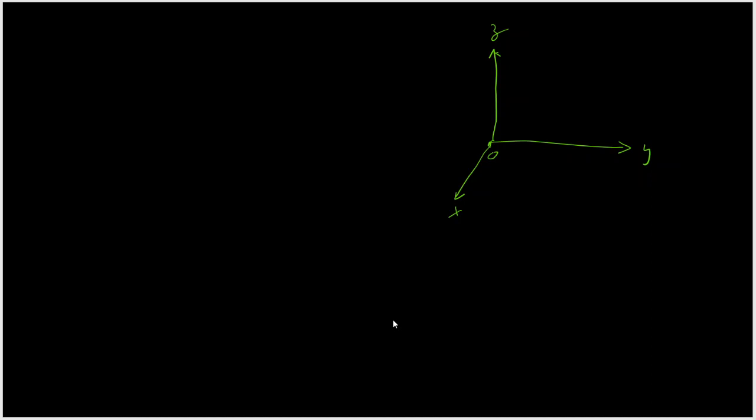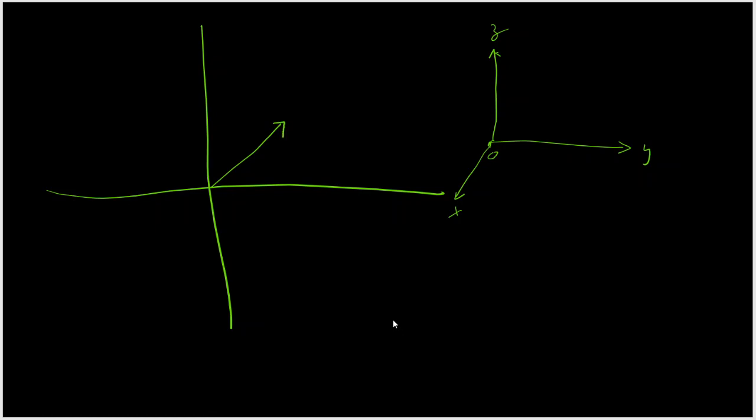Let's talk about the two-dimensional case on the rectangular coordinate plane. A vector can be something like this.